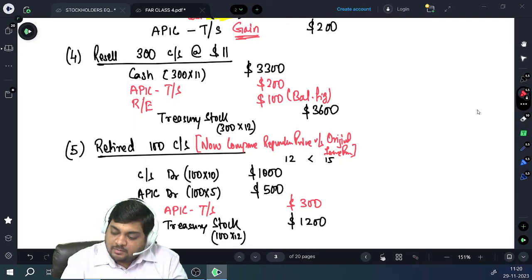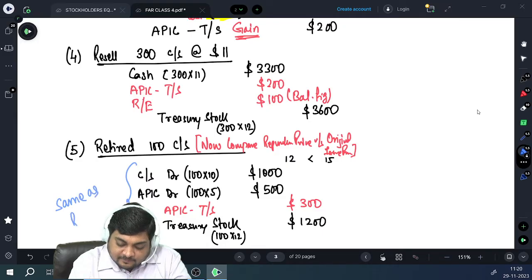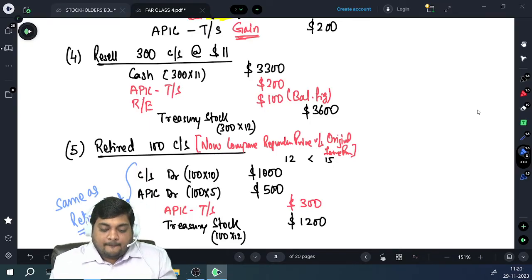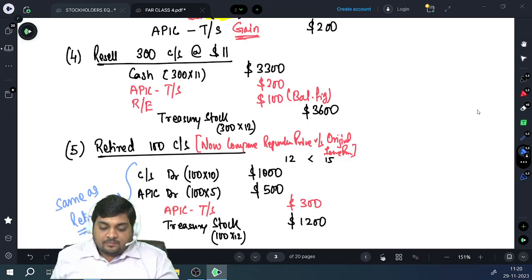This is same as retirement. This portion is same as retirement. Whenever you are retiring shares, you need to compare the repurchase price with the original issue price.